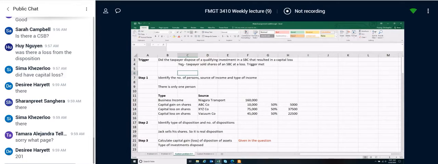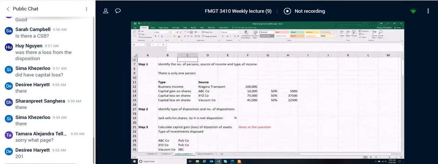Now, number 2, you go through, there's only one person, okay? And you look at the dispositions, you look at the numbers, and they're fairly easy to break down, right?